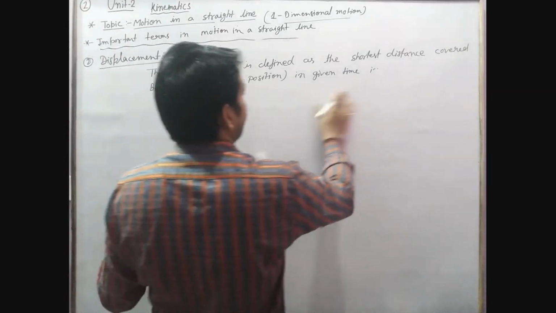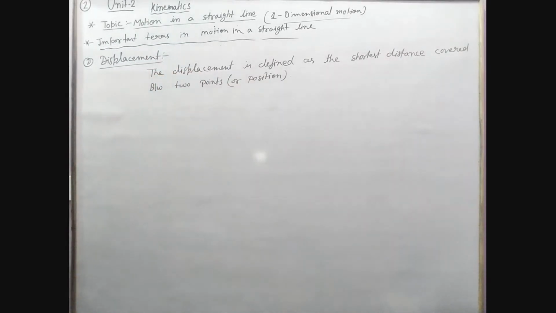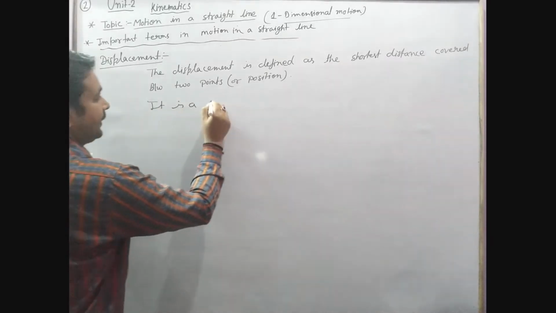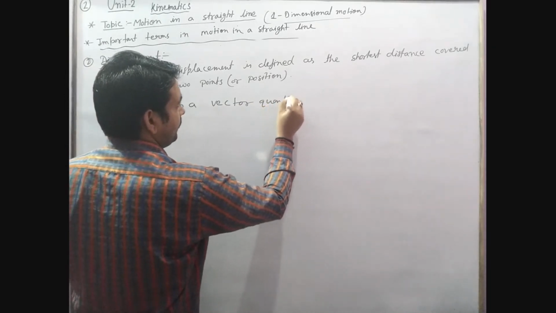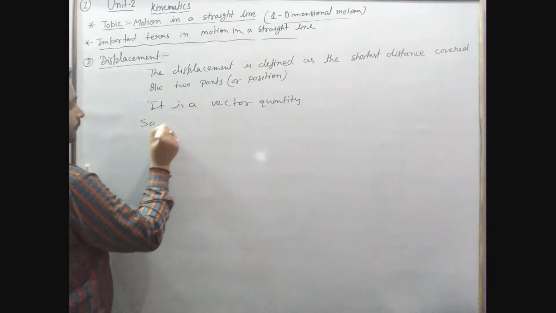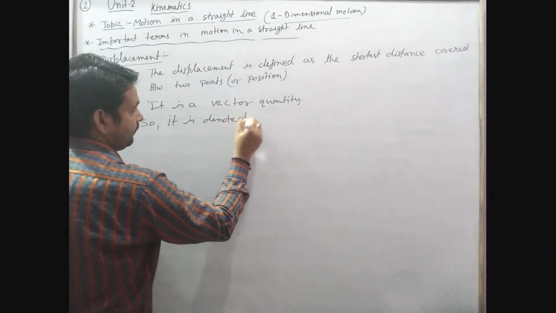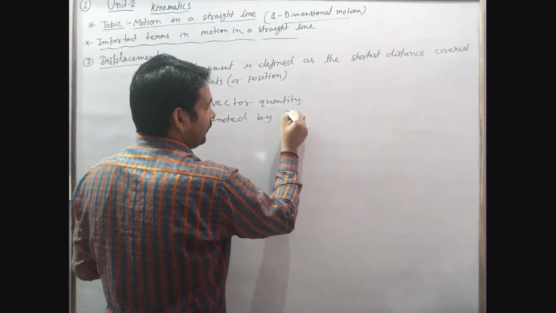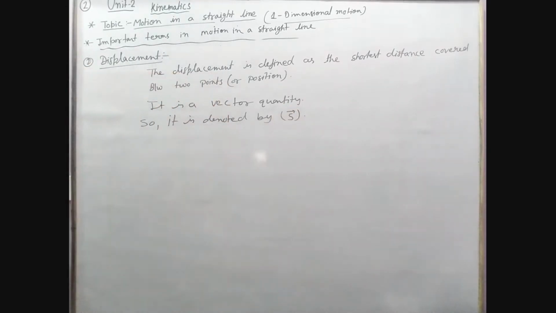Okay, it is a vector quantity. It is denoted by using an arrowhead on the symbol of distance, like that.